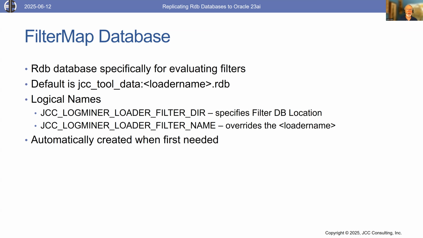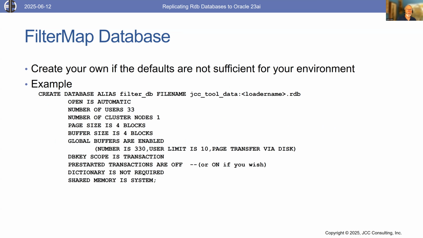By default, this is created using the logical names JCC LogMiner Loader filter dir and filter name. This all has defaults and will be automatically created. So you only need to worry about this if you need to put the filtering someplace else other than the default.